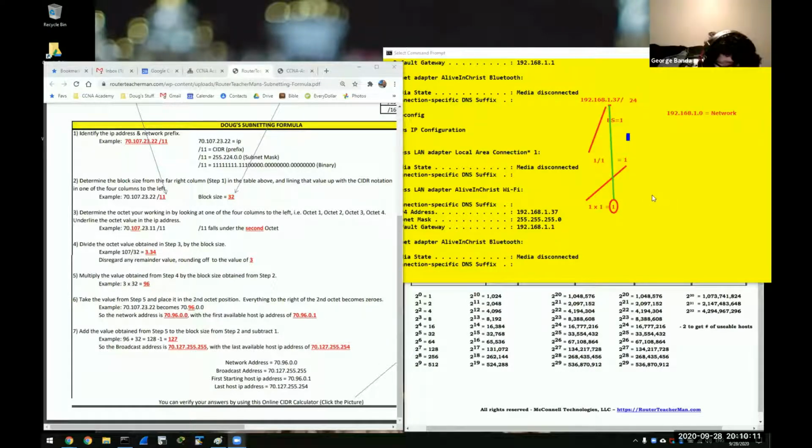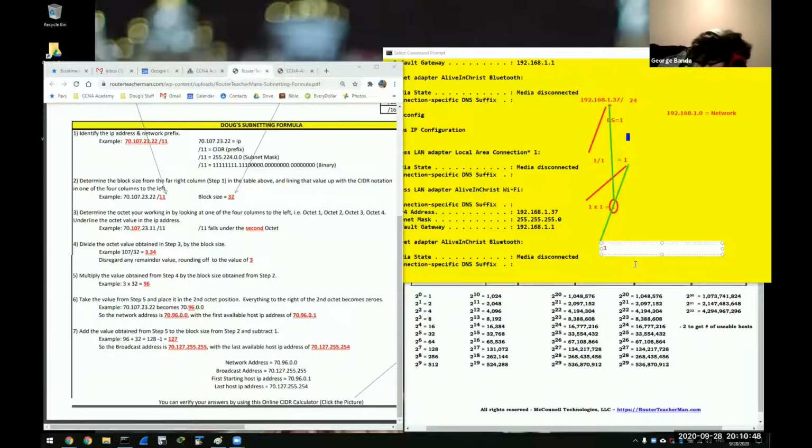And this is when we add the value obtained from step 5 to the block size and then subtract 1 from that. So we take the value from step 5, which is 1, bring it down here. A lot of 1s in this problem, isn't there? What are we going to add to it?